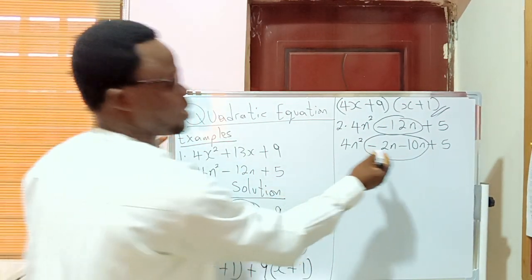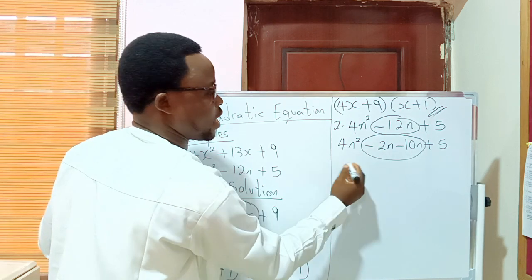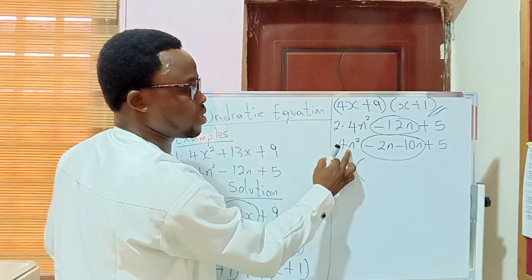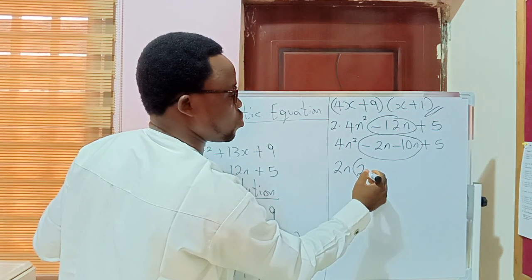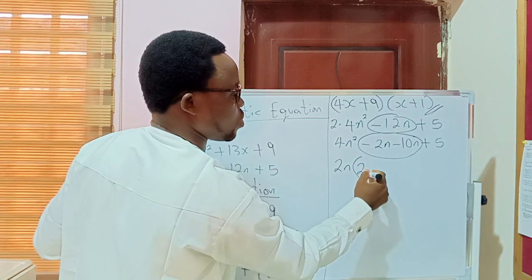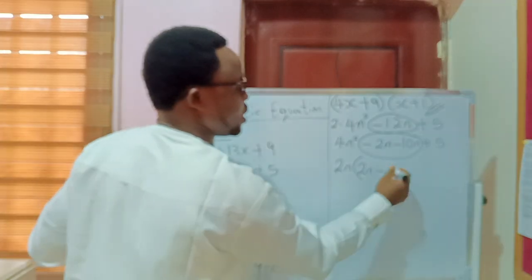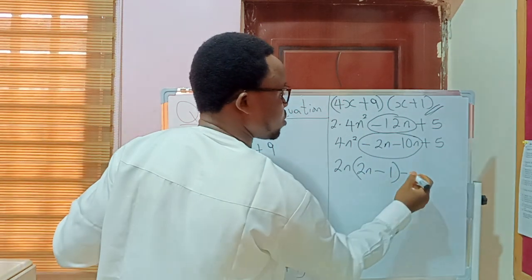Now in this case, we have these two. What is common here? What is common here is 2n. If 2n leaves here, I'm left with 2n minus 2n divided by 2n gives me 1. Can you see? Now what is here is minus.